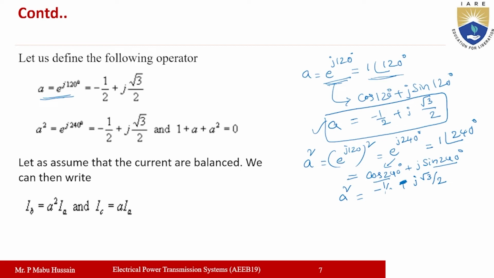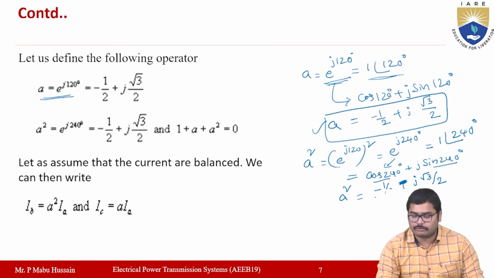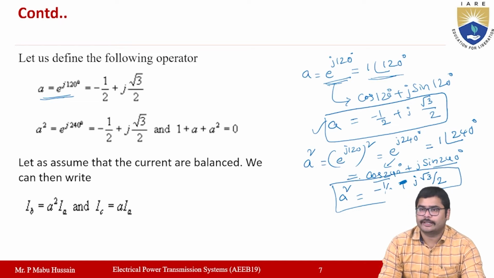Let us see, sin 120 is plus j root 3 by 2, and if you take sin 240 degrees, then the value will be equal to minus root 3 by 2. So the value of A square will be minus 1 by 2 minus j root 3 by 2 you will get.